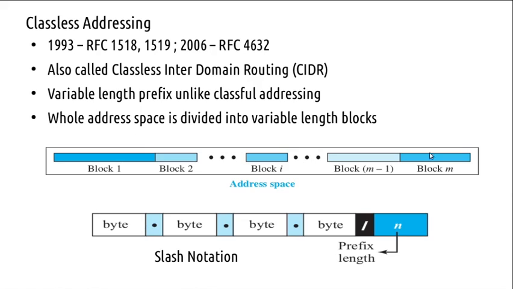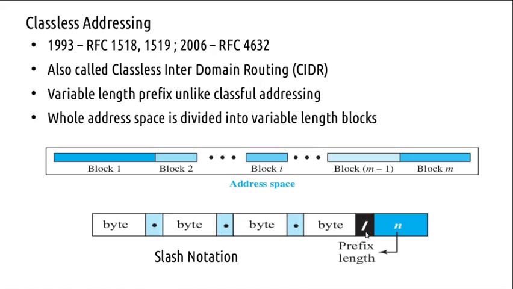Unlike the earlier case where there were classes A, B, C, D, E, such classes are not here. The address length is still 32 bits, but you also specify the prefix length, and the prefix length is variable. A network with a smaller prefix length will have more nodes.